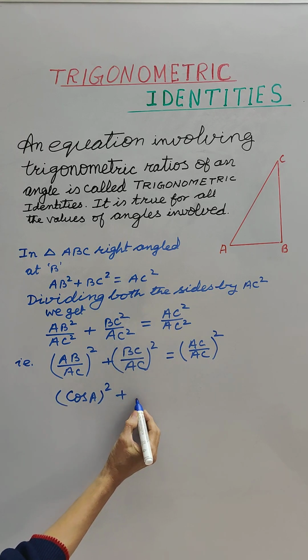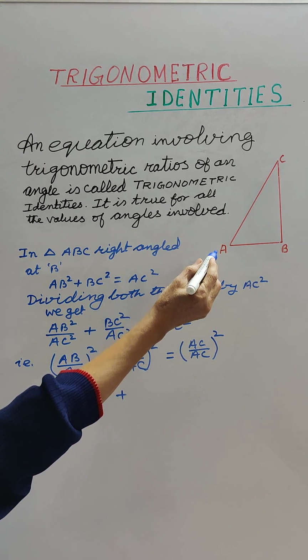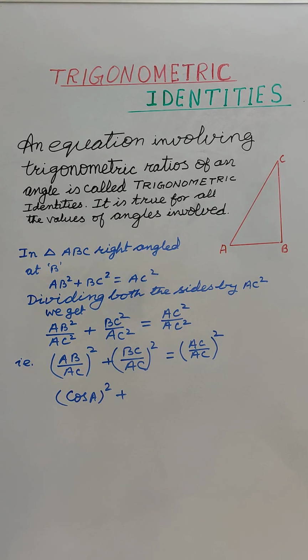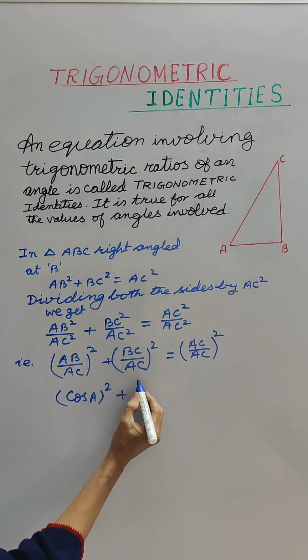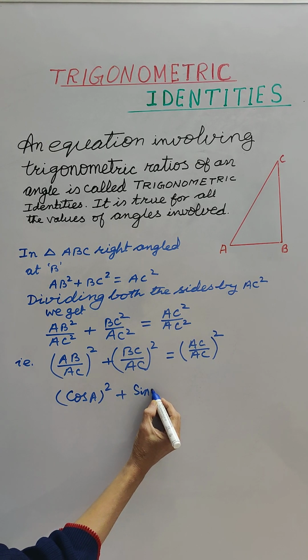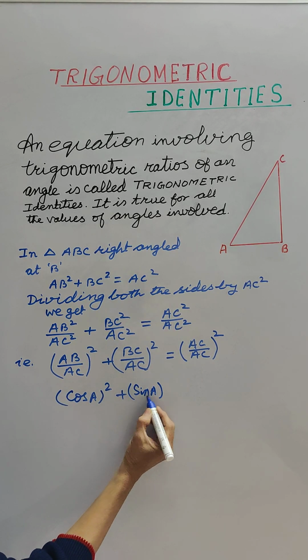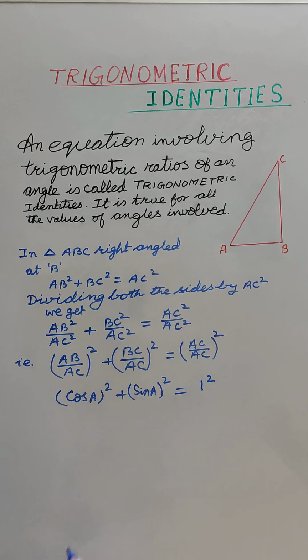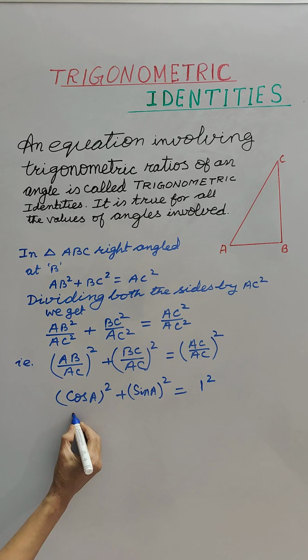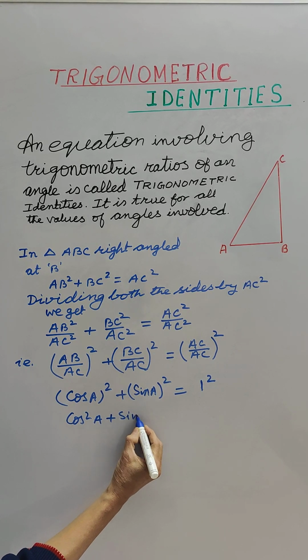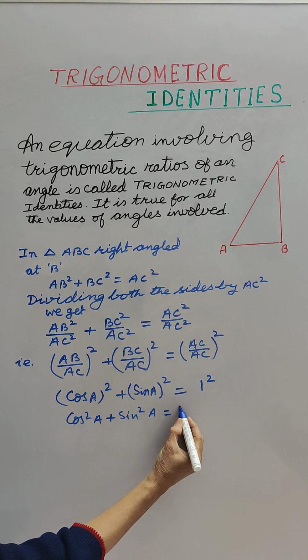And BC upon AC, BC is perpendicular or opposite side and AC is hypotenuse, so this will become sin theta or sin A. So sin A square is equal to 1 square. AC is cancelled with AC. So this way we have got a formula, cos square A plus sin square A is equal to 1.